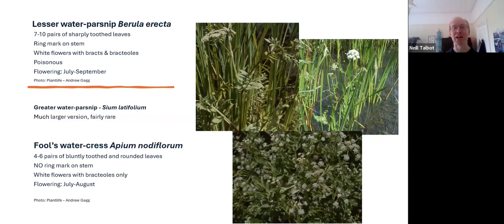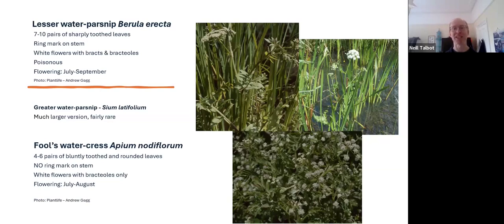So it hasn't got the leaf-like appendages at the base of the whole flower head, just below each of the individual florets. I don't expect everyone to remember that straight away, but it's something to look out for, and when you're looking in ID books, it will refer to that. And generally they flower more or less at the same time, maybe water parsnip slightly later in the summer.